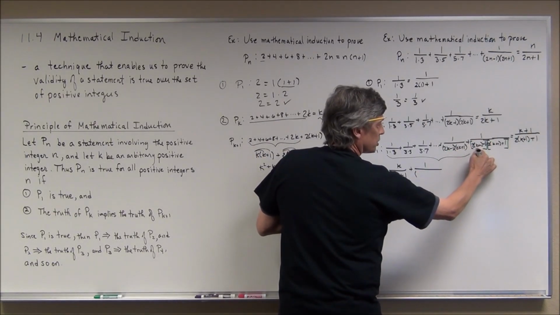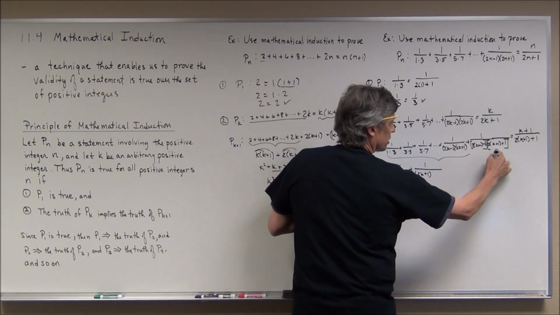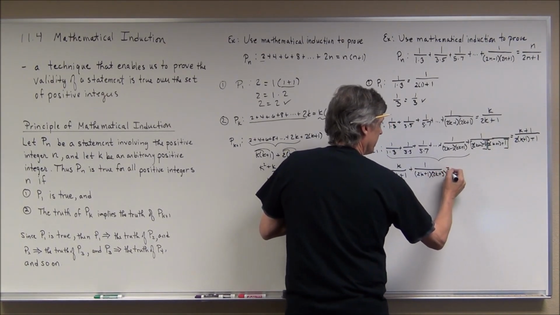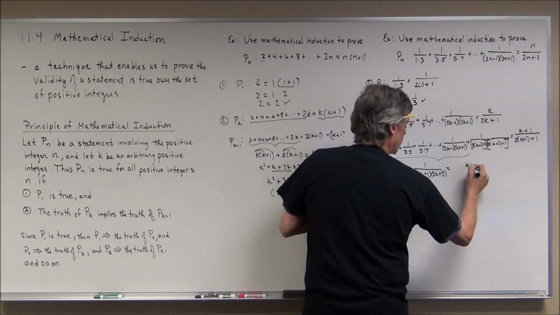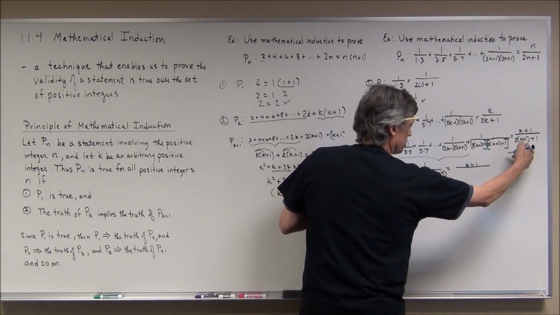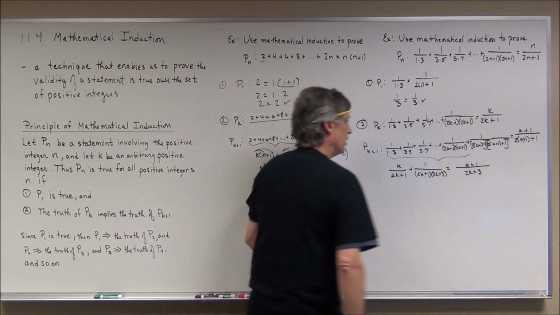This would be 2k plus 2 minus 1 is 2k plus 1, and this is going to be 2k plus 2 distributing plus 1, and this is going to be 2k plus 3. Does that equal, over here, k plus 1 all over, simplifying 2k plus 2 plus 1, 2k plus 3.